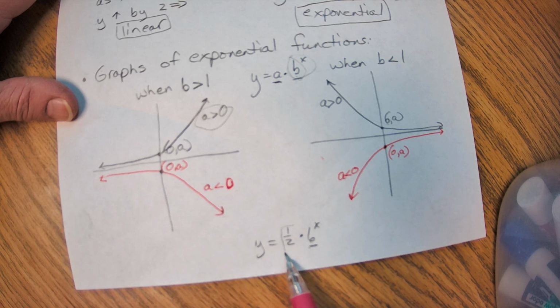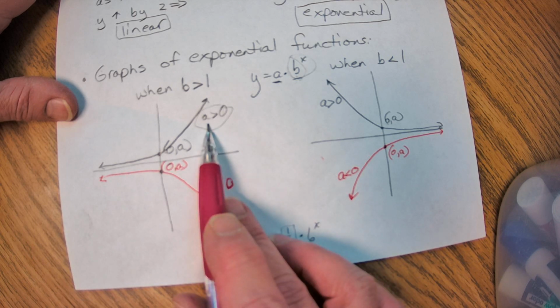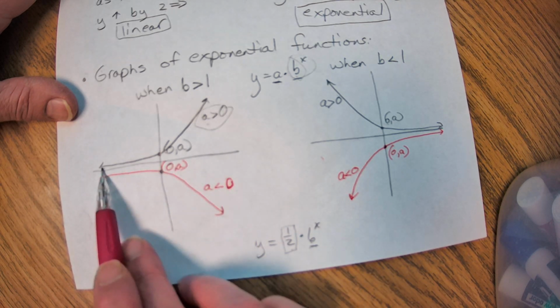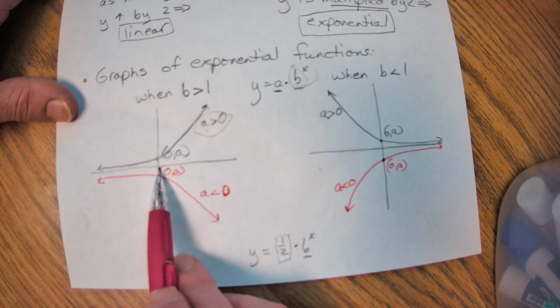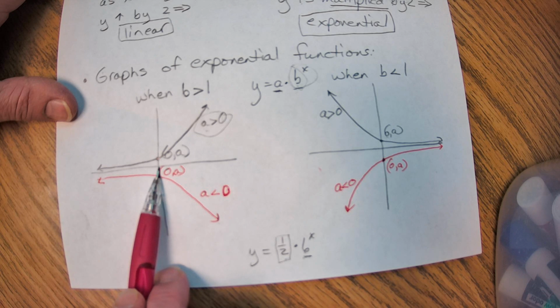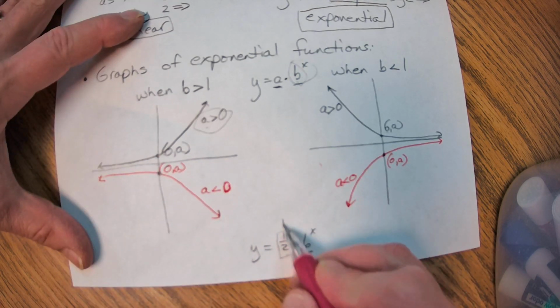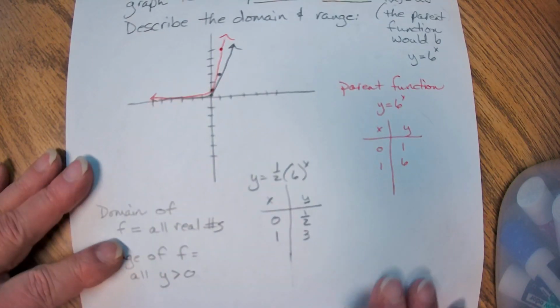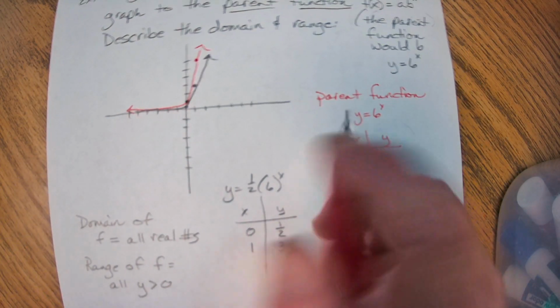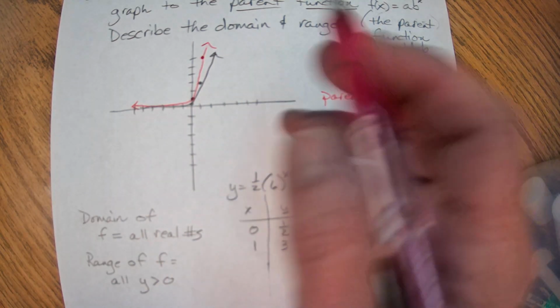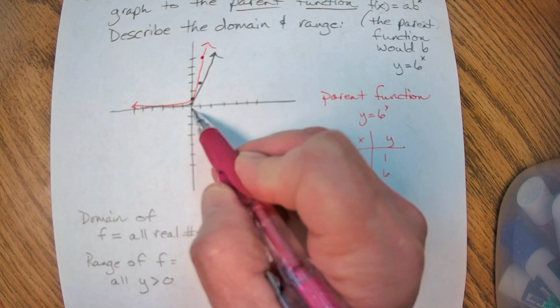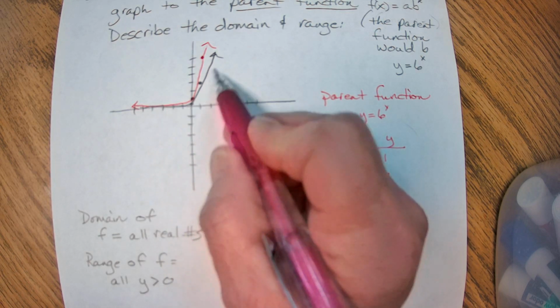Let's look at a. A is 1/2, and that is definitely greater than 0, so my graph is going to look like this. And the value when x is 0 is going to be whatever a is. So 1/2 is about right there.